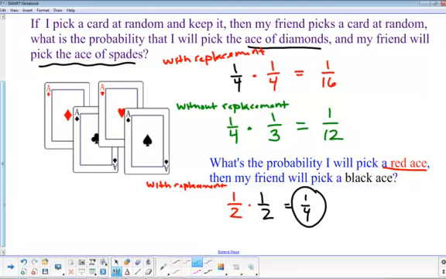Without replacement, you have your 1/2 red ace. You're holding your red ace. So there are 3 cards left. 2 of the 3 cards are black aces. So it will be 1/2 times 2/3, which multiplies to give you 1/3.